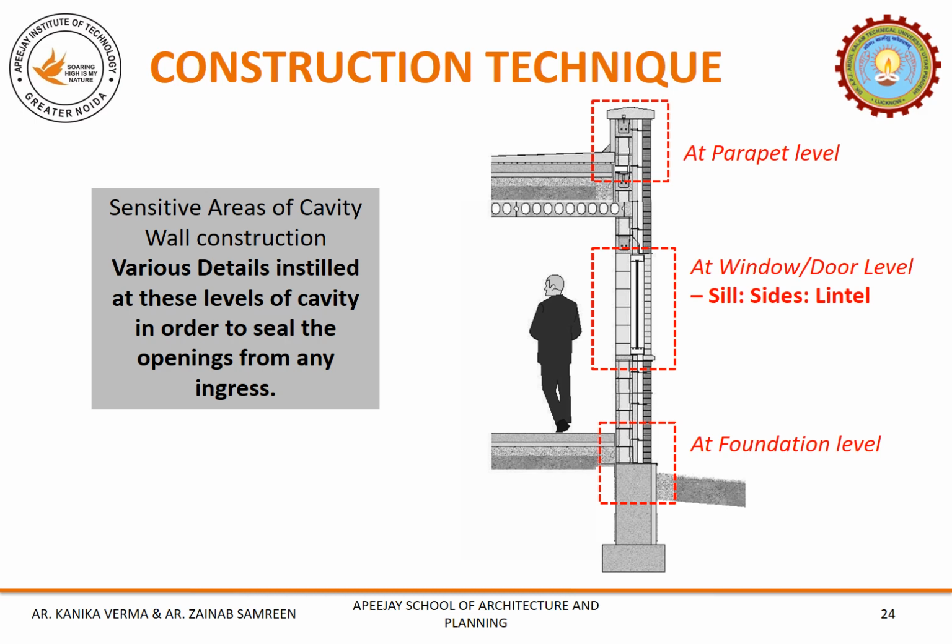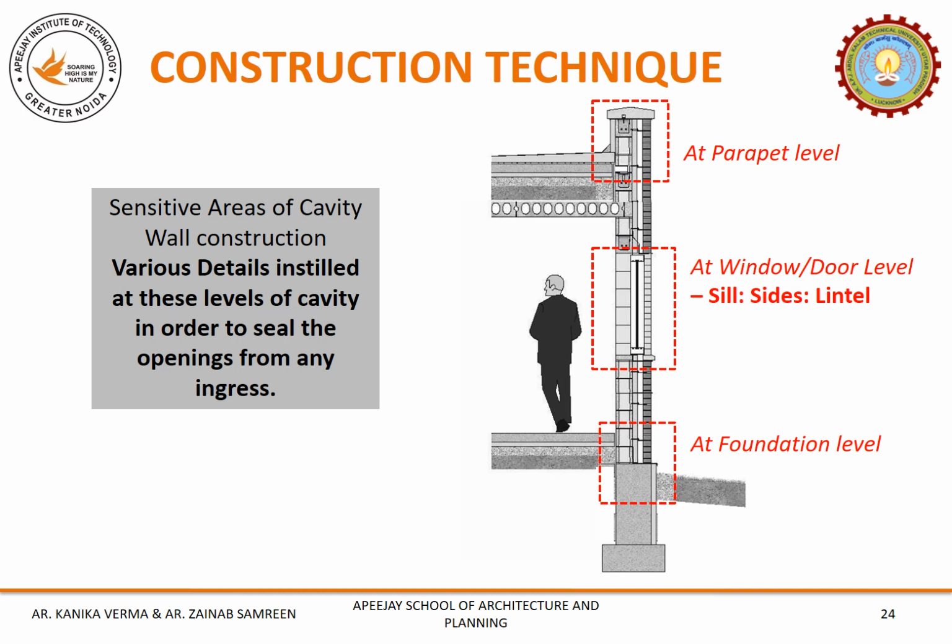So, as we have already learned about the essential components and their role in the cavity wall construction, let's understand the construction technique and assembly details which are required in order to have an efficient cavity wall construction. As mentioned in the slide, there are certain sensitive areas which require special details or arrangements.